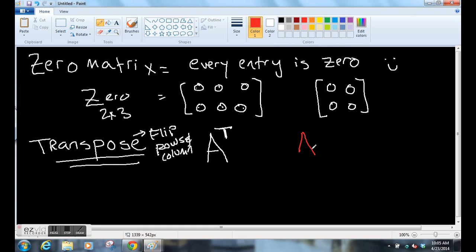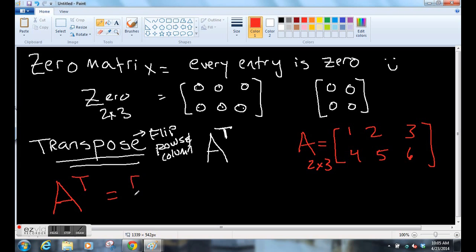So if A is the matrix that looks like this, 1, 2, 3, 4, 5, 6. Again, these are separate entries. It's not 123. It's 1, and then 2, and then 3. This is a 2 by 3 matrix, rows by columns. A transpose is going to look like this. Every row becomes a column.